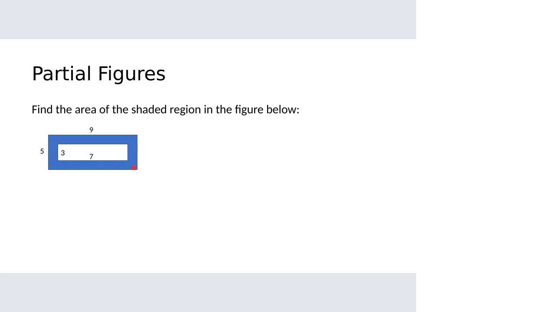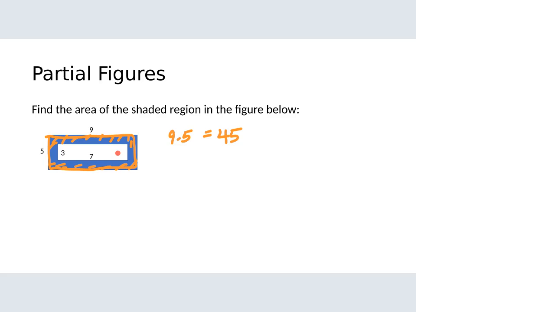So if I find the area of this big giant rectangle here, which is what Sunshine and Summer were both doing with the 9 times 5, that big giant rectangle has an area of 45. But then if I want to subtract off the area of the inside rectangle, that would leave me with just the blue part.